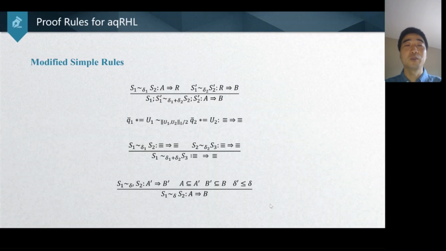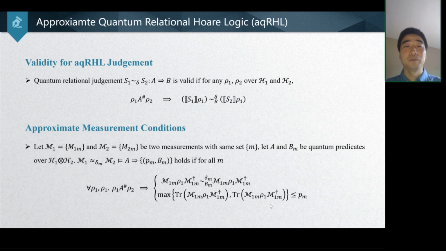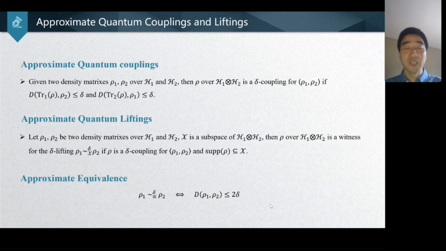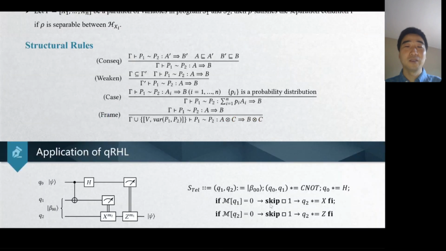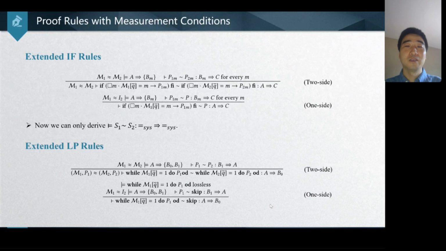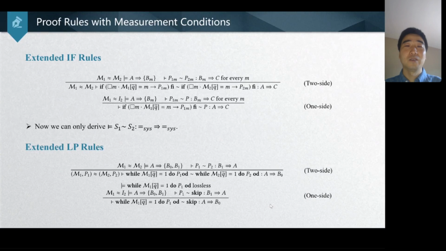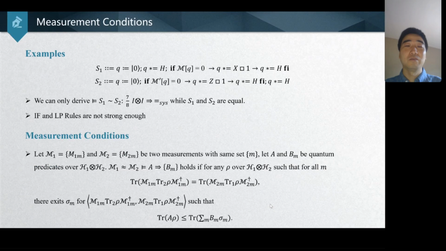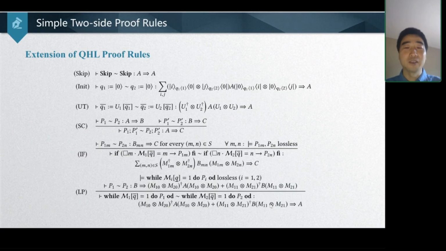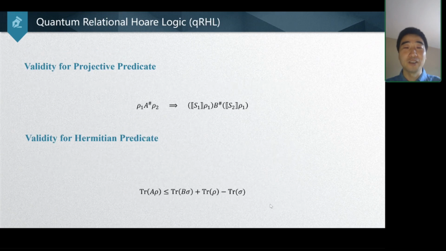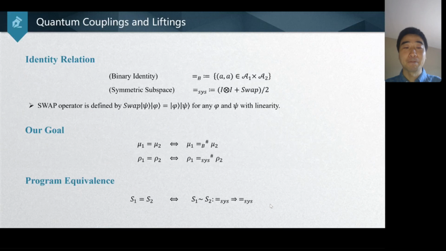That was based on a work by D'Hondt and Panangaden that argued that those are really the right way to think about quantum predicates, as these Hermitian operators that correspond to expectations, in the same way that Dexter Kozen argued something like 30 years earlier, in the early 1980s, that you needed expectations to reason about probabilistic programs. And he seems to have been borne out in the probabilistic domain.